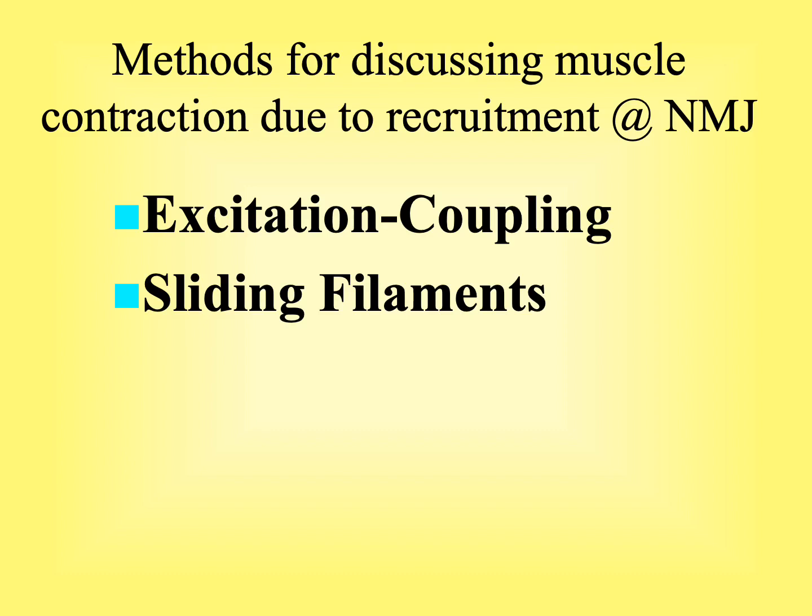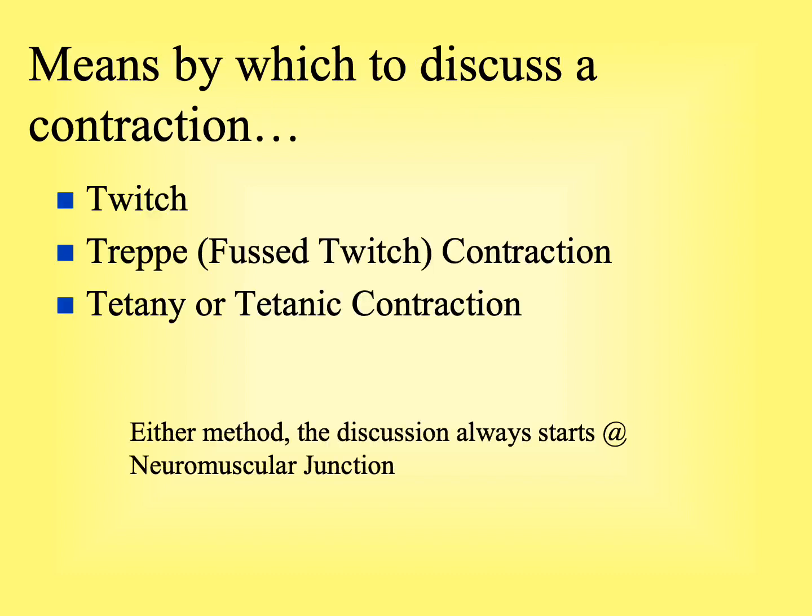The way in which we talk about this contraction is based off of how the fiber itself is contracting. That is, what is the rate at which we get depolarization taking place, which we talk about as what's referred to as a twitch. That is a single contraction of a single muscle fiber. Treppe contraction or fused twitch.